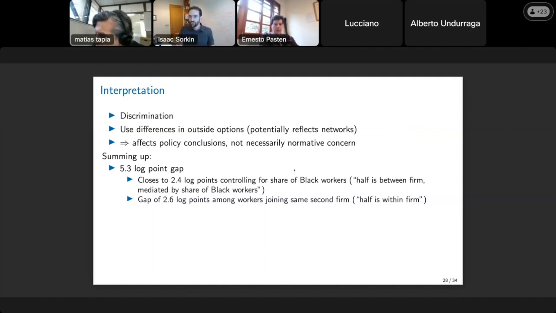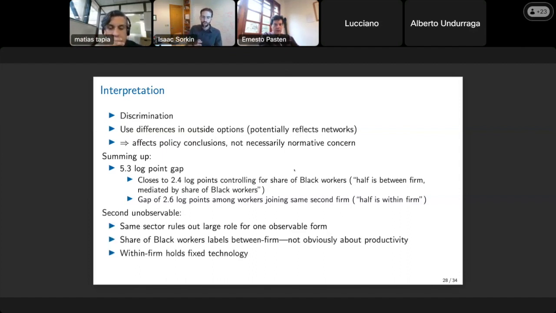So to come back to what we started with about the second unobservable. The reason I think this second unobservable, this match-specific thing, is less plausible is, first, we've shown that the same-sector stuff is very small.